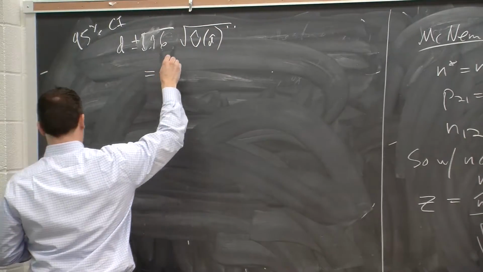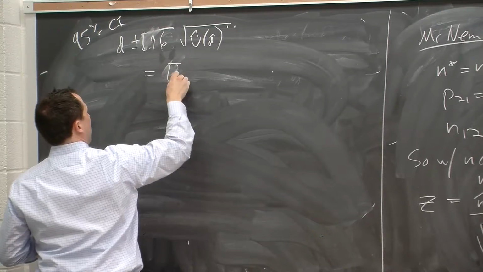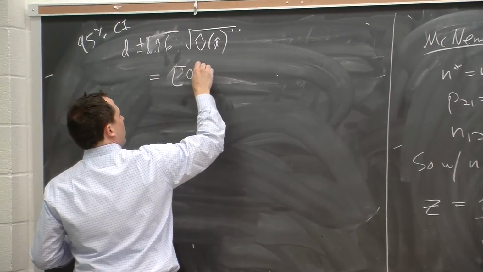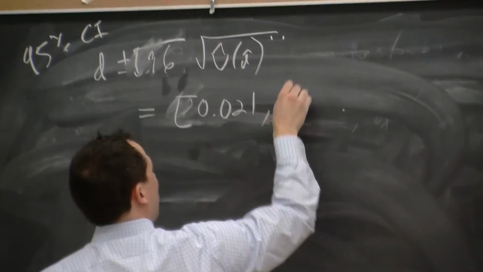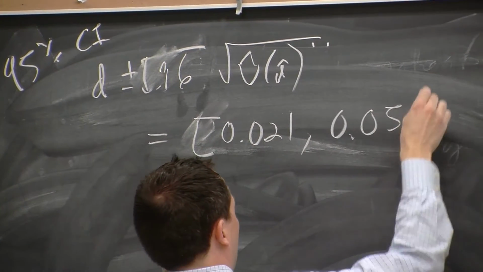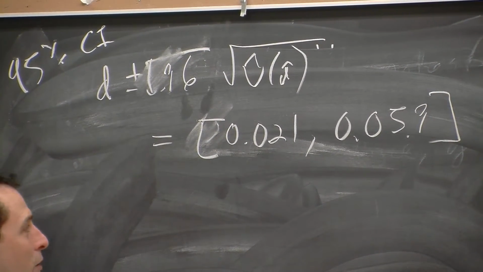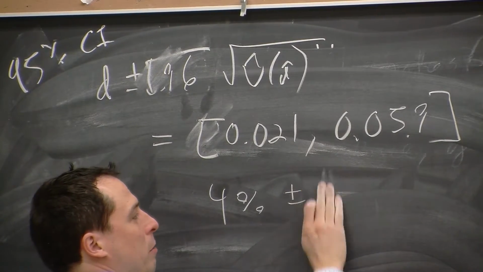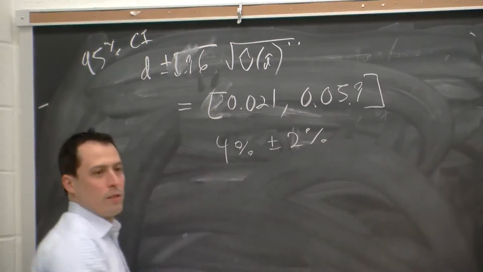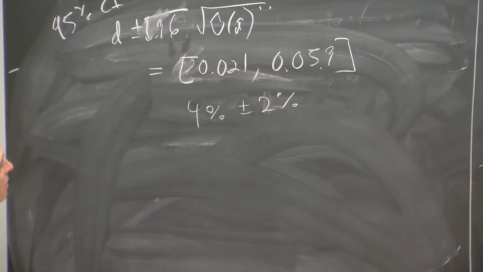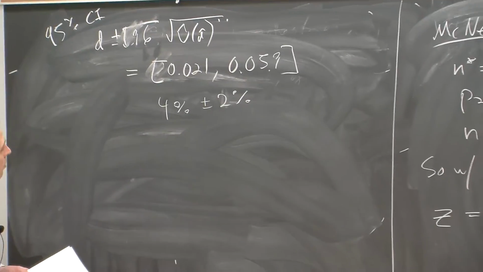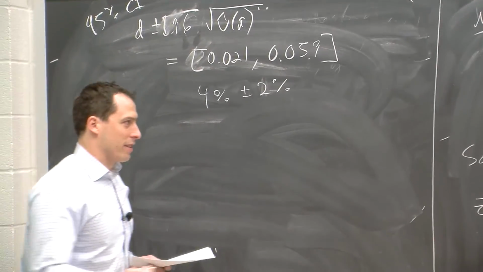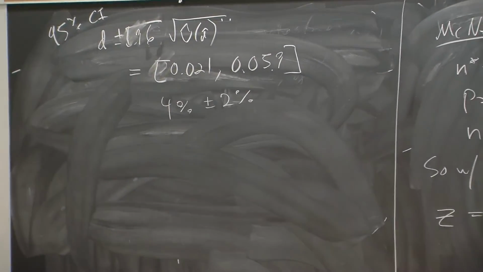And this works out to be the interval 0.021, 0.059. So this is 4%. The headline is 4% plus or minus 2%. So the confidence interval doesn't contain 0. So we think it's significant, which is consistent with this conclusion.